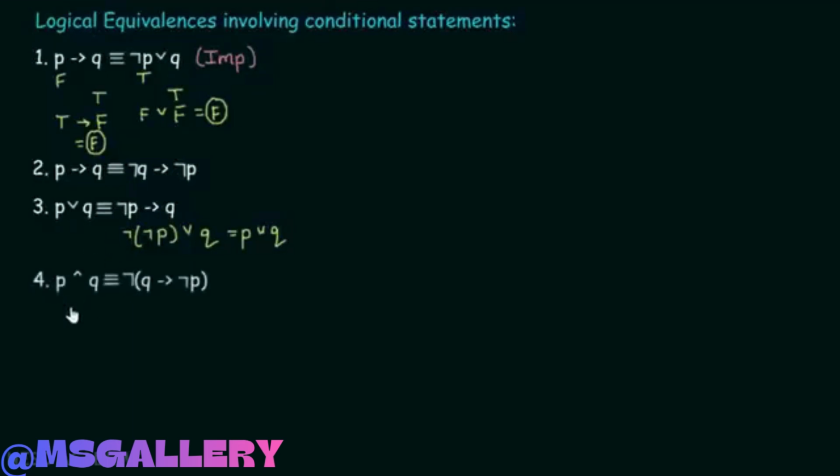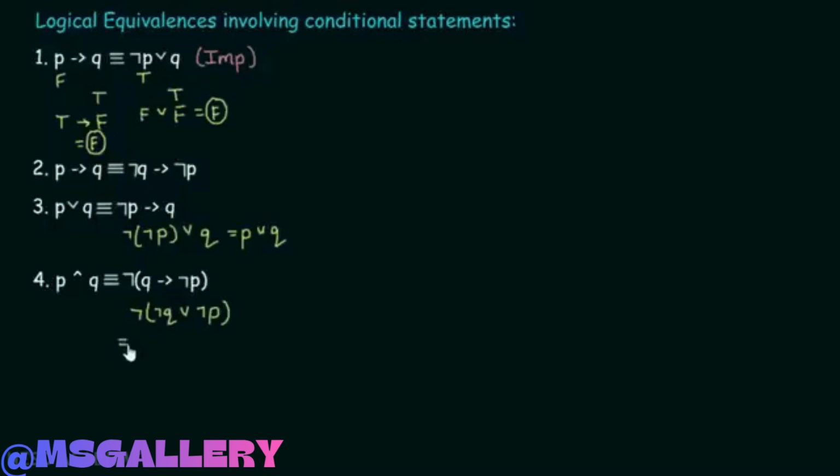Now the next one is P and Q is equivalent to not of (Q implies not P). This is also a very interesting law. Let's prove this one as well. Not of (Q implies not P). We can write Q implies not P as not Q or not P, right? According to this particular rule.